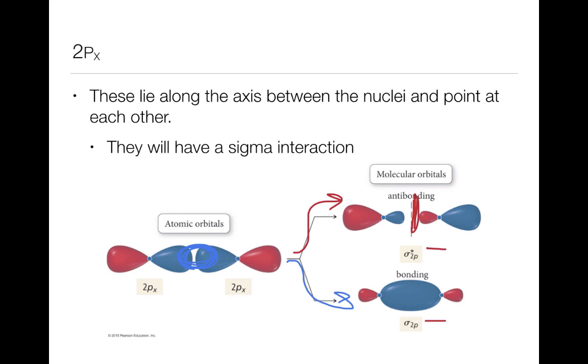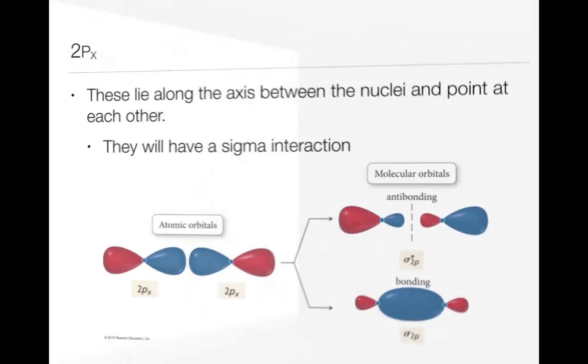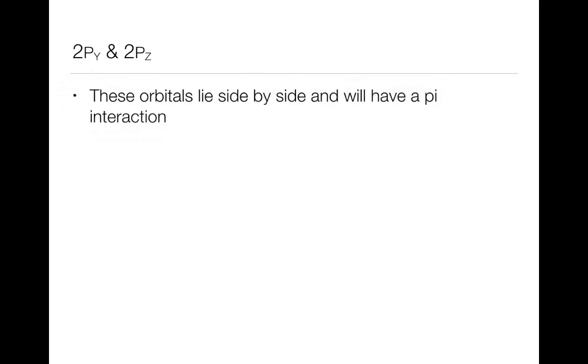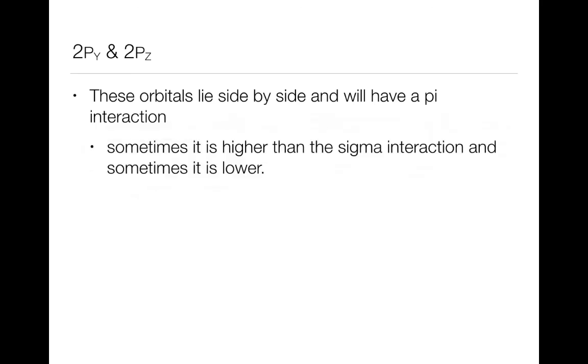The one thing that we haven't seen yet are any pi interactions. We do have those with the 2py and the 2pz. These orbitals lie side by side with each other, and as a result they're going to have a pi interaction. The interesting thing with that pi interaction is sometimes it's higher than the sigma interaction and sometimes it's lower.